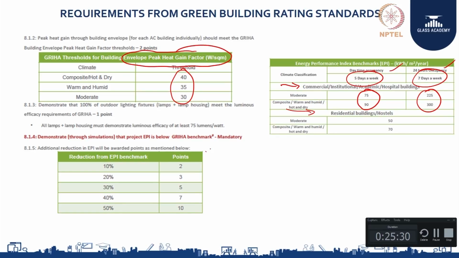So you can see that when we achieve an EPI which is 10% lesser than the benchmark given, then we get 2 points. So based on these points, your building gets rated as 1 star, 2 star, etc. So this is just one criteria, energy efficiency. There are multiple criteria in the green building rating systems.